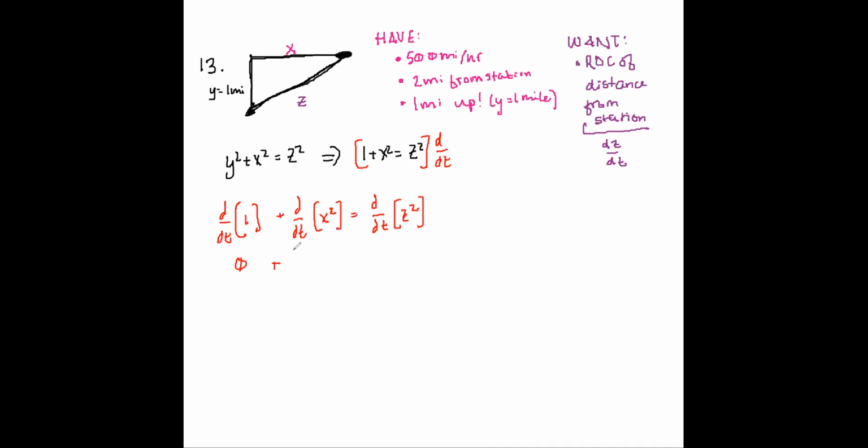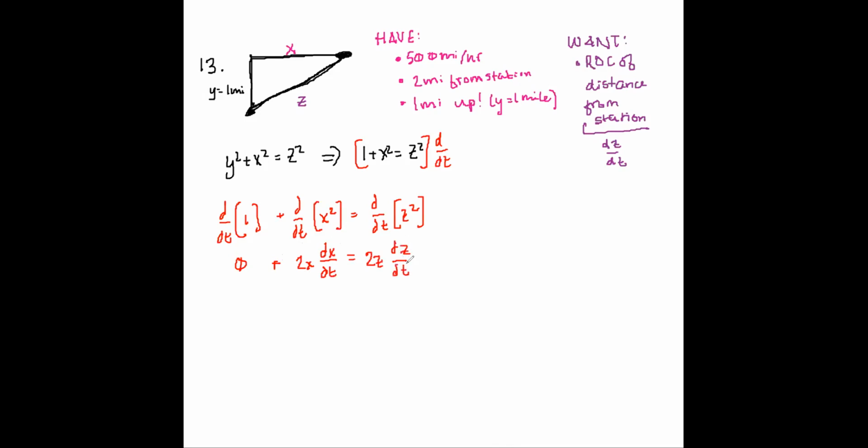And then we'll be left with 2x dx/dt equals 2z dz/dt.